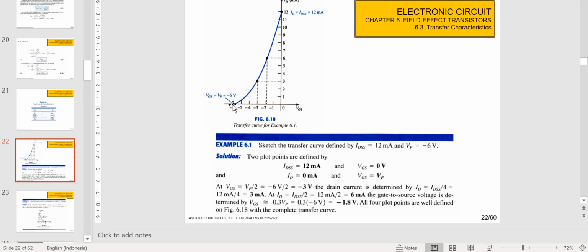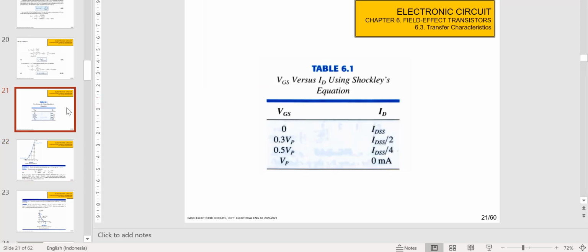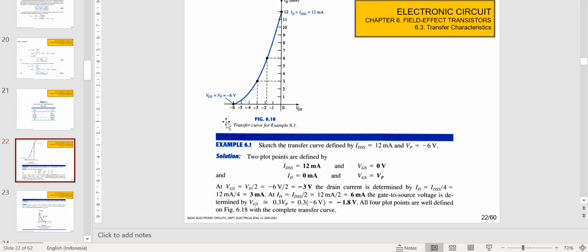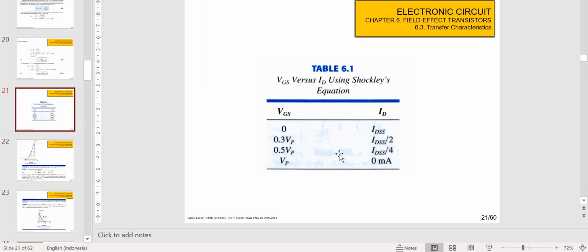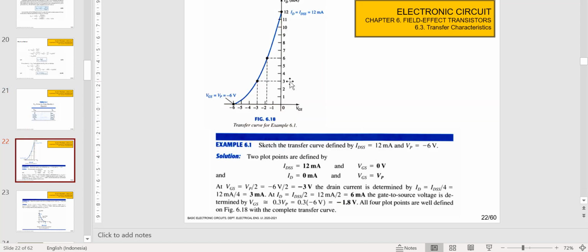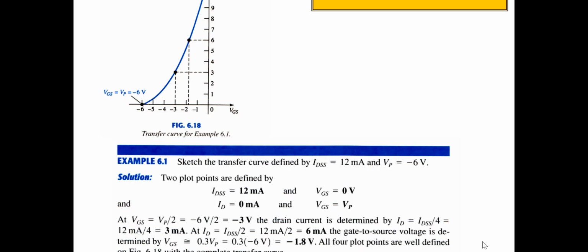Another, when VGS is 0.3 VP, with VP equal to -6, 0.3 times 6 is -1.8, so ID is IDSS/2, which is 6. So we can draw this point.